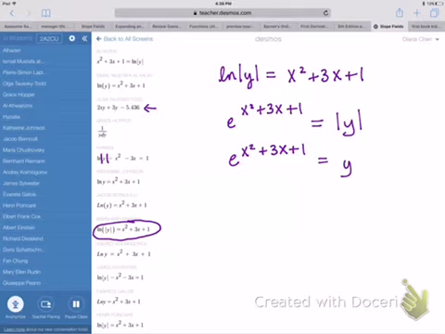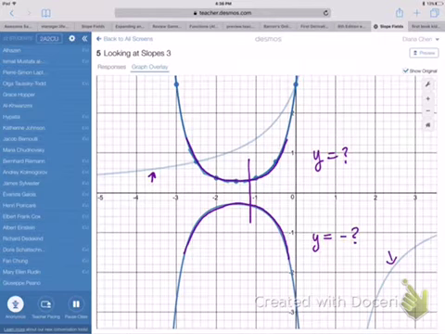But if we graph this equation, we would not get two different parts of the function reflected over this. If we graphed this equation, we would get just the top branch of this.